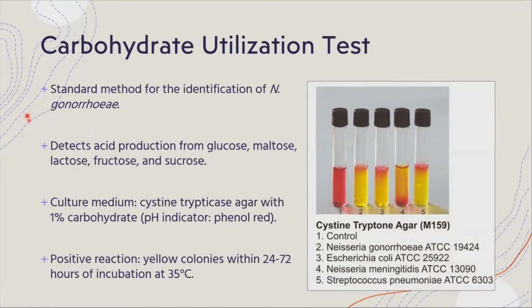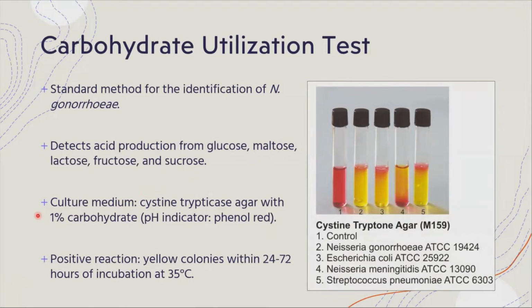This is the standard method for the identification of Neisseria gonorrhoeae, and it detects acid production from the following sugars: glucose, maltose, lactose, fructose, and sucrose. So we look at the fermentation patterns of our organisms with these sugars.